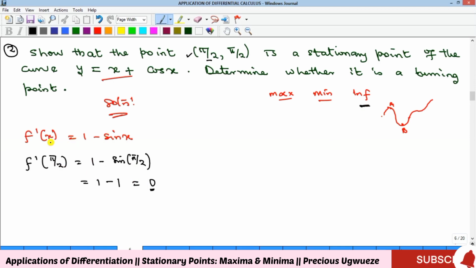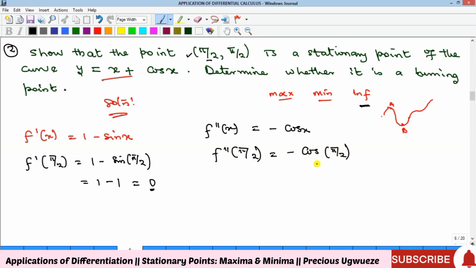Now we want to check whether the point is a turning point. To do that, we differentiate this again, and that's going to give us f double prime of x as equal to, the derivative of this is 0. If you differentiate this, you will have minus cos x. And so when you substitute your x as pi over 2, you are going to have minus cos pi over 2, and cos of this is actually 0, and so that's going to give you what? 0.